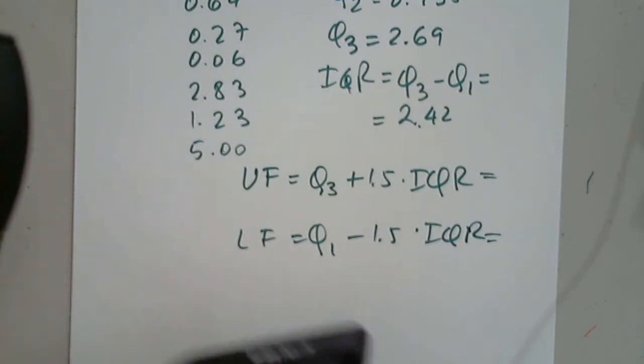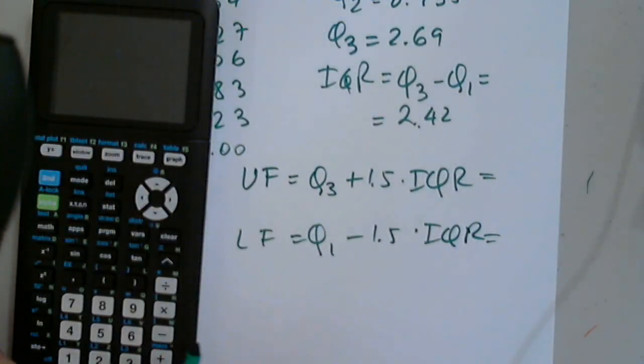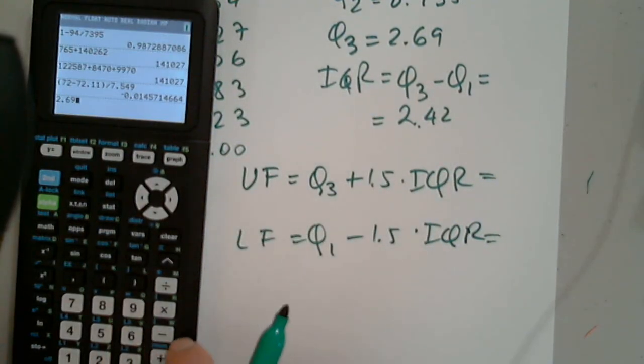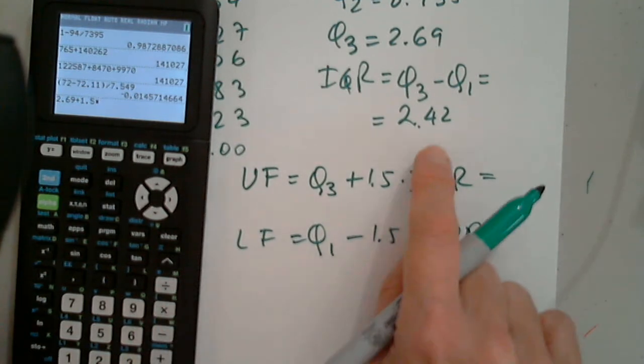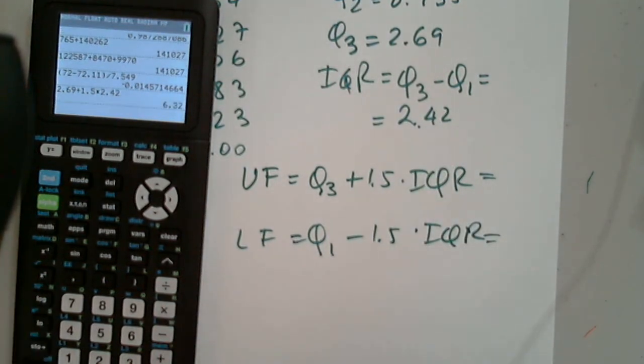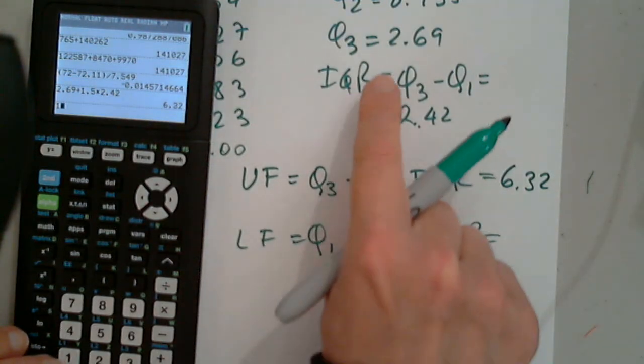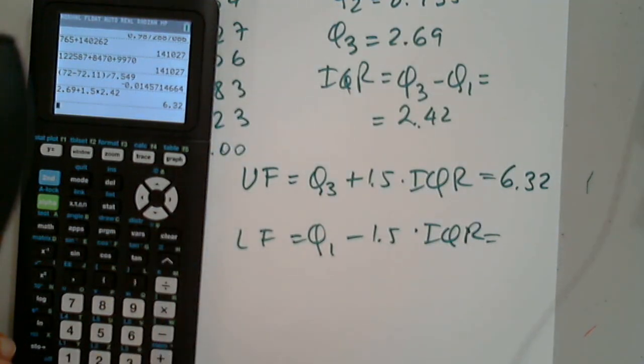So I will determine those. Q3, 2.69 plus 1.5 times the interquartile range, I got 6.32. And the other one was Q1, 0.27 minus 1.5 times 2.42.